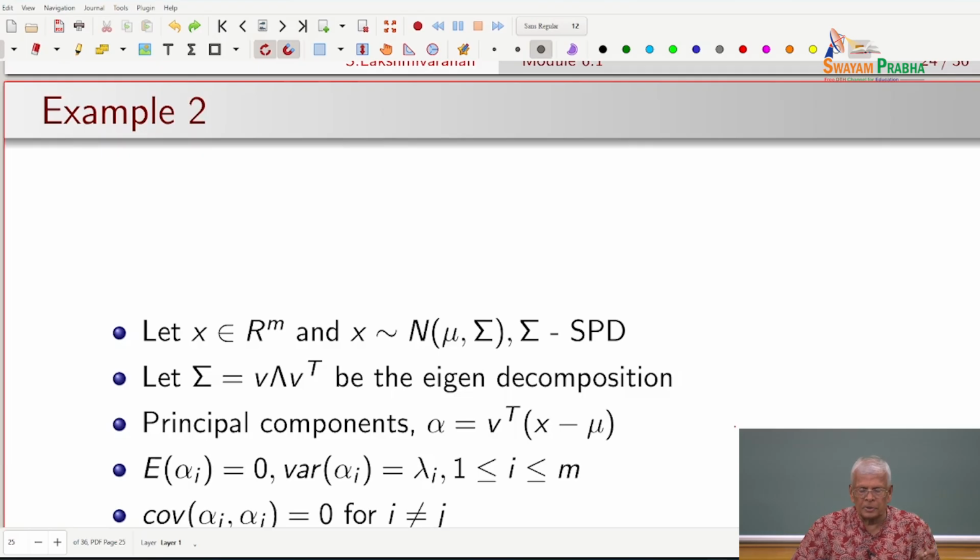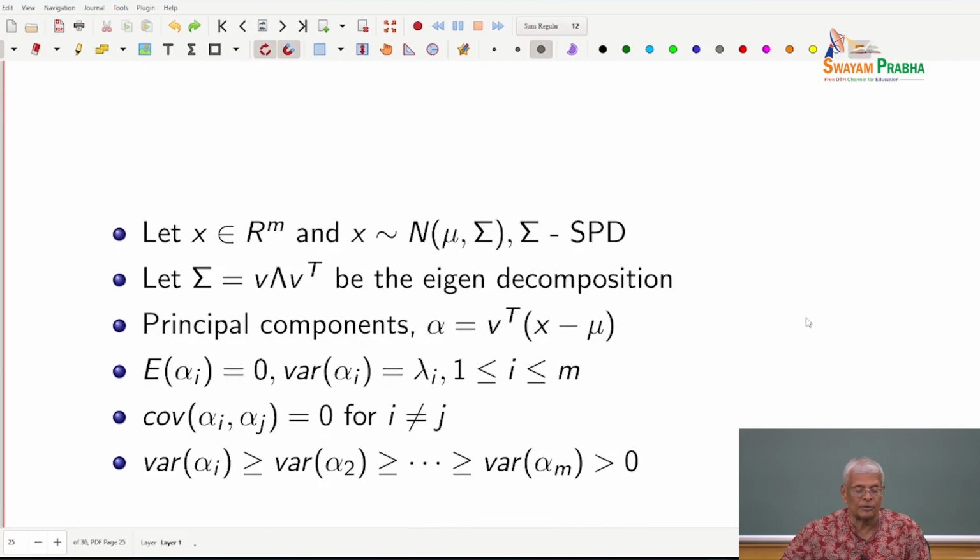The same point can be represented by a vector x or by the vector alpha. We talked about the variance between components of x and components of alpha. We illustrated all these by a simple example of n equal to 2. Now we are trying to generalize that to a case when the random vector x is an m-dimensional random vector.